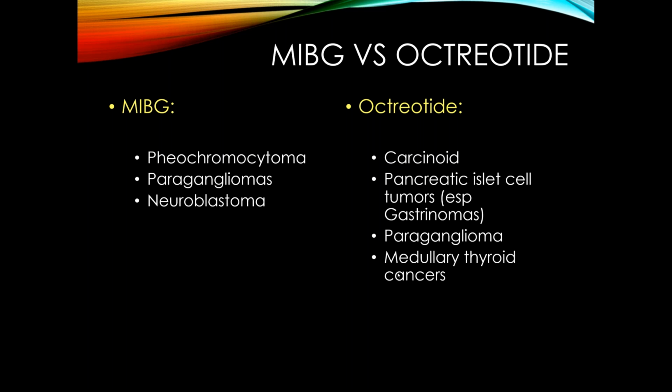Octreotide is actually better. MIBG is better for PHEOs, paragangliomas, and neuroblastomas. However, they still do this sometimes because if there is more MIBG uptake, it will guide therapy because you can then do an I-131 MIBG therapy instead of the lutetium DOTA-TATE. But that's not always routine, and that's not in all centers.